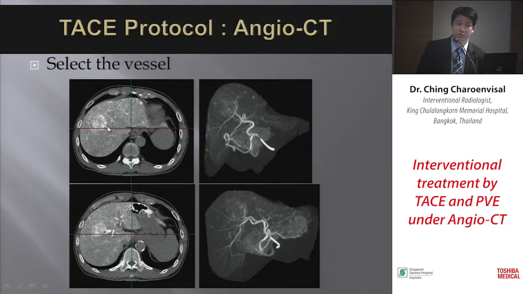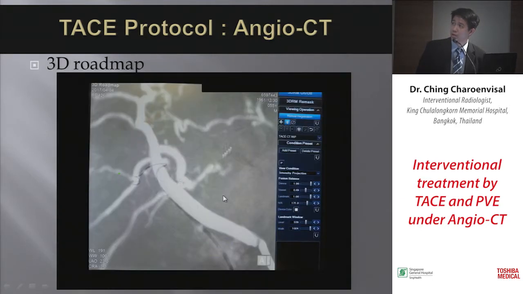You can see the green spot is a marker, and the marker will show in the 3D image automatically. So we can know that this vessel is a feeding artery. And then we can use the 3D imaging for road mapping when we super-select into the artery.